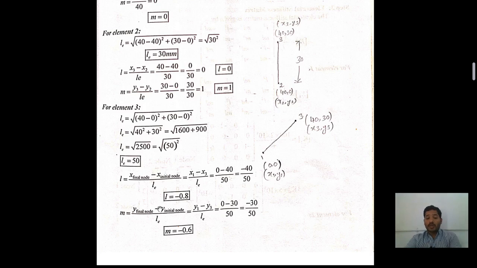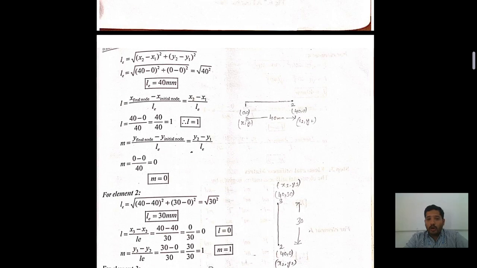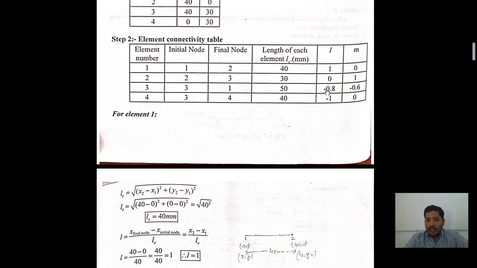L is equal to minus 0.8. M is equal to minus 0.6. Clear? I hope no one is having a doubt. The same values we need to substitute in the tabular column. L is equal to minus 0.8, M is equal to minus 0.6.